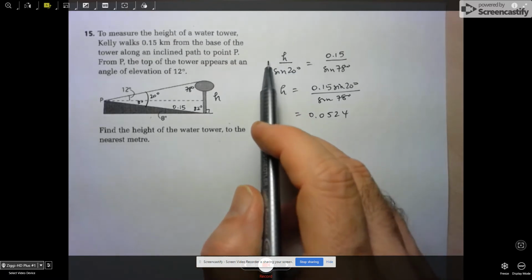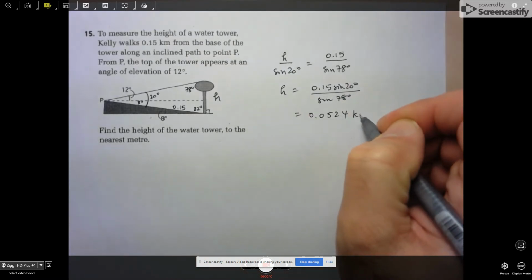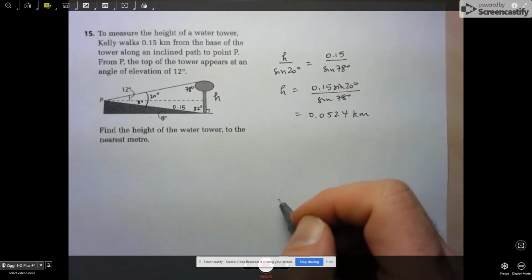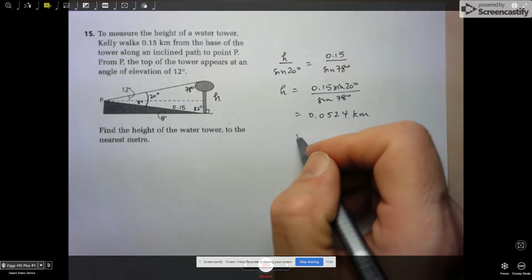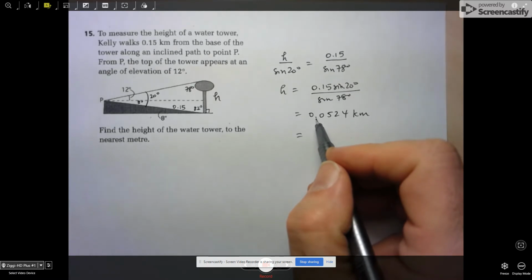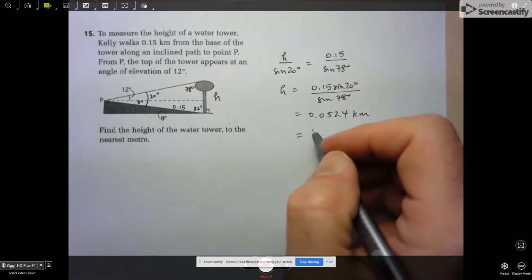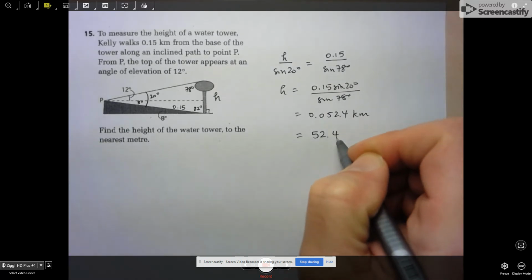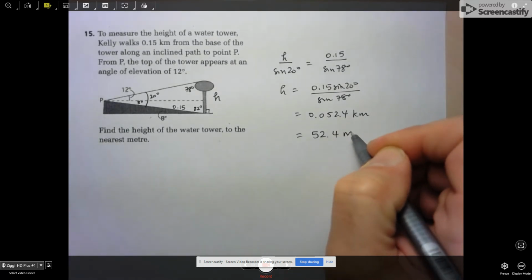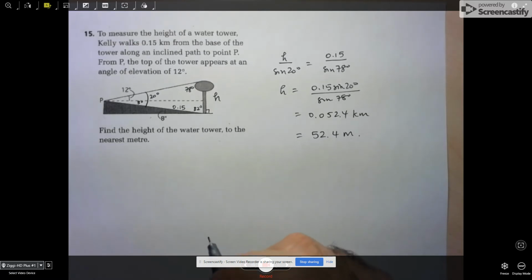Since the 0.15 was given in kilometers, this is also in kilometers, and we just have to remember that there's 1,000 meters in a kilometer. So we just have to move this decimal place 3 places to the right. So we're left with 52.4 meters. Quite a high water tower.